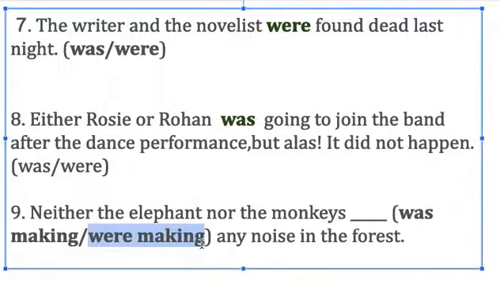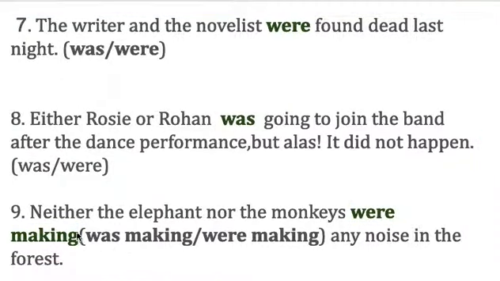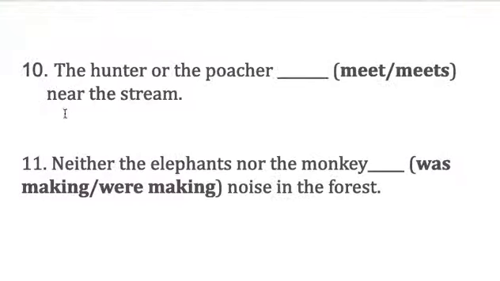So we have just learned that we decide the verb according to the nearest subject. Monkeys being plural, we say it will be were making, not was making. Okay, if they reverse this, then neither the elephants nor the monkey.